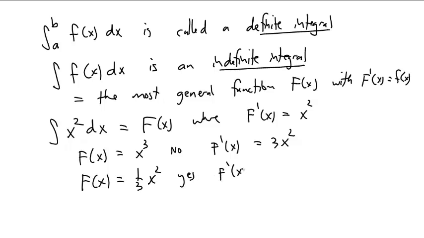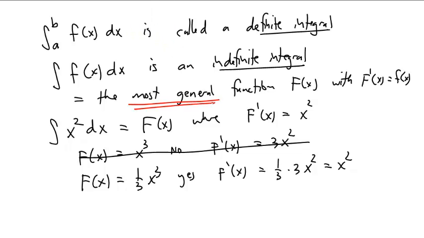The derivative of that is 1/3 times 3x squared, which is just x squared. That works. So this one is out, that one is in, but it is not the most general function because there are other functions.